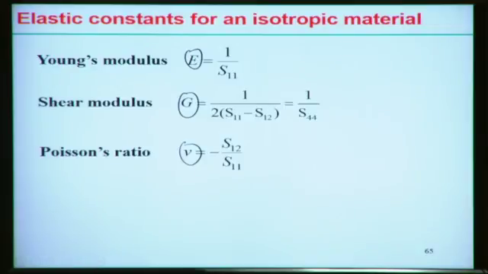These can also be represented in terms of the elastic compliances or the stiffness terms. So in terms of compliances, E can be represented as 1 by S11, and G is the inverse of 2 times (S11 minus S12), that is equal to 1 by S44, and Poisson's ratio is the negative of S12 by S11. So from the standard tables, using the constant terms directly, we can evaluate these 3 different elastic constants: Young's modulus, shear modulus and Poisson's ratio.